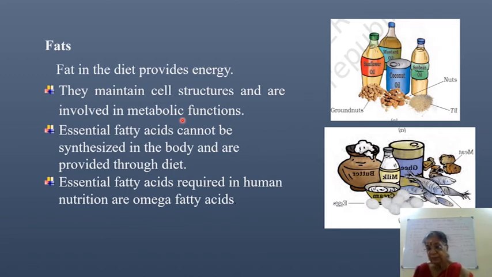If fat is accumulated in the body tissues, we studied animal tissues, excess fat is accumulated in the adipose tissue, and that extra fat accumulation causes the condition obesity, right? Essential fatty acids cannot be synthesized in the body and are provided through the diet. The essential fatty acids required in human nutrition are omega fatty acids.